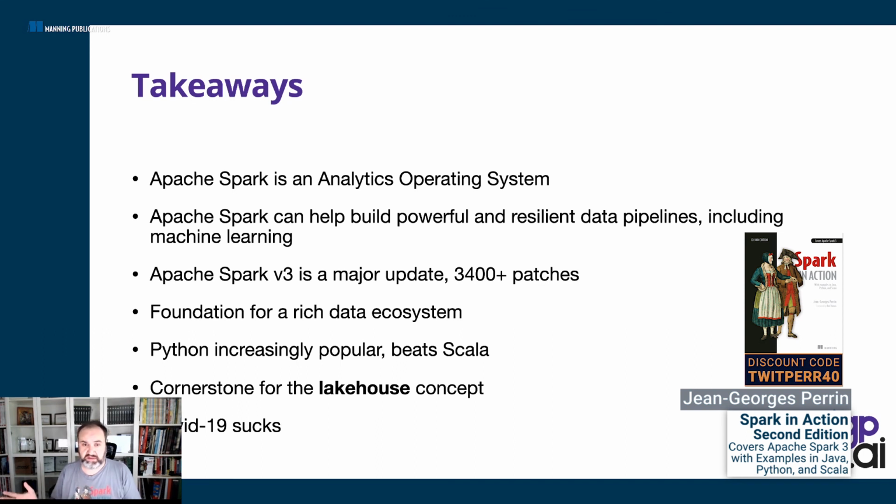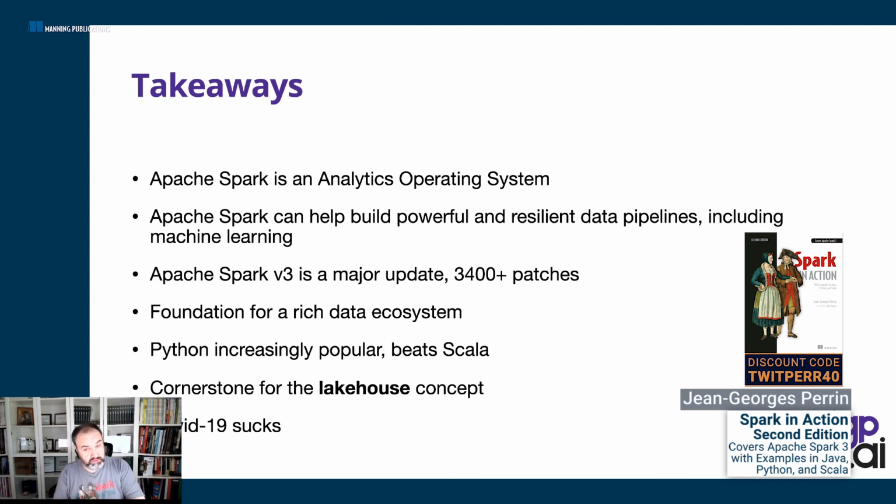And I think this is the most beautiful definition of it. Apache Spark can actually build very powerful, resilient, secure data pipelines, which can include machine learning. So it's not about just building ETLs, extract, transform, load. It's about building data pipelines that can be smart.